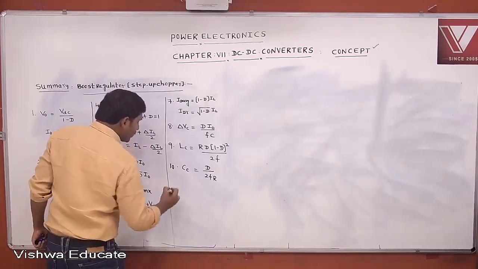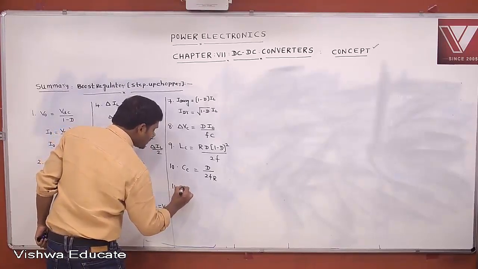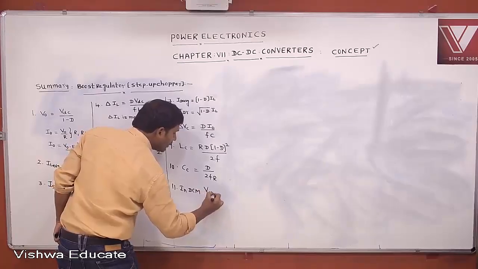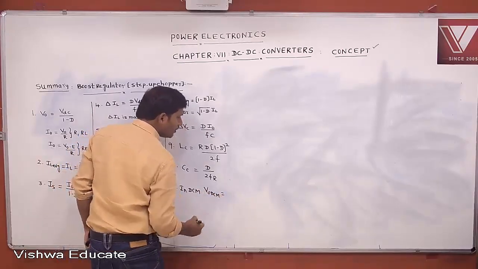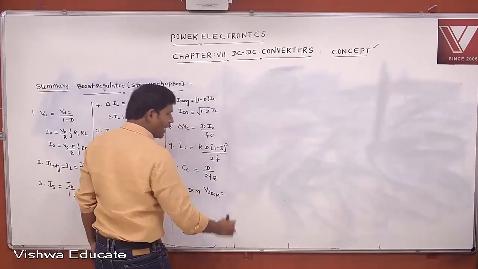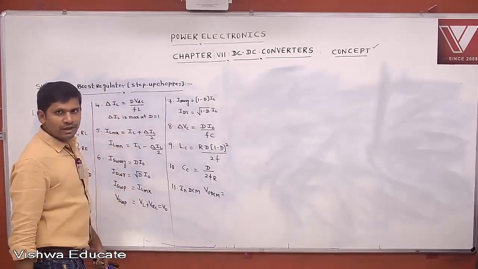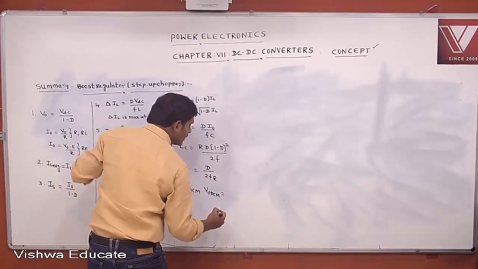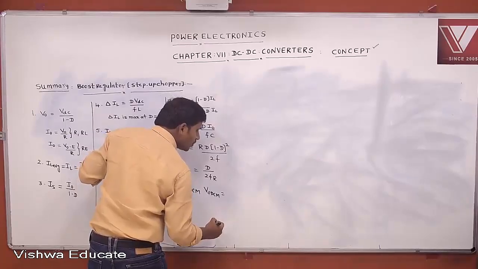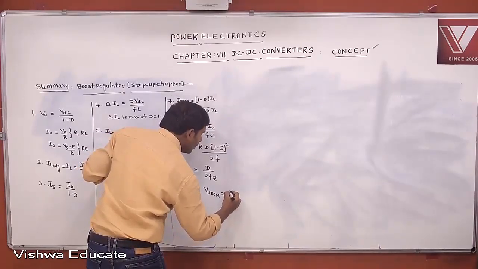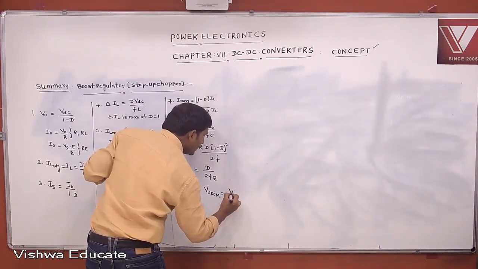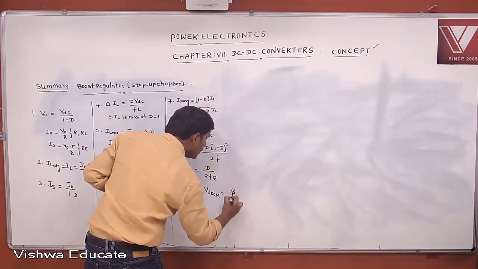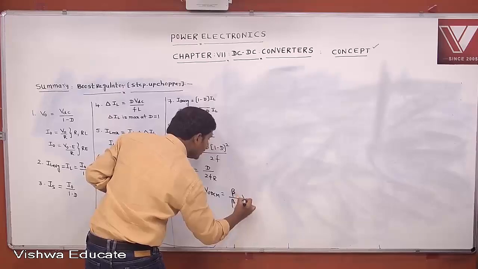In discontinuous mode, what is the average output voltage? The average output voltage of discontinuous mode is beta by beta minus D into VDC.